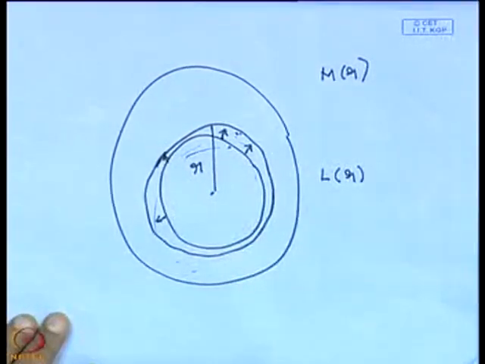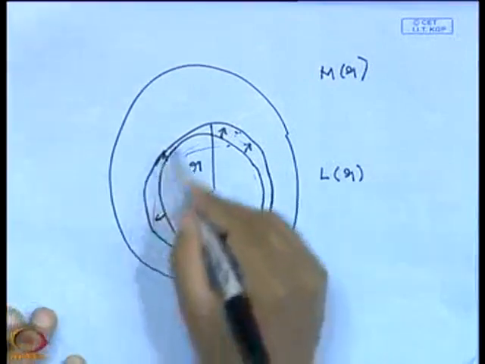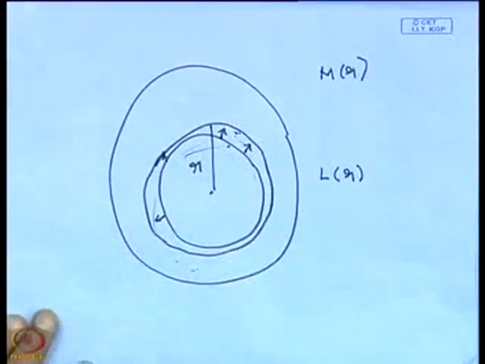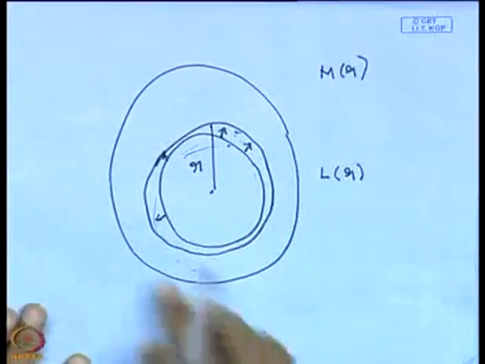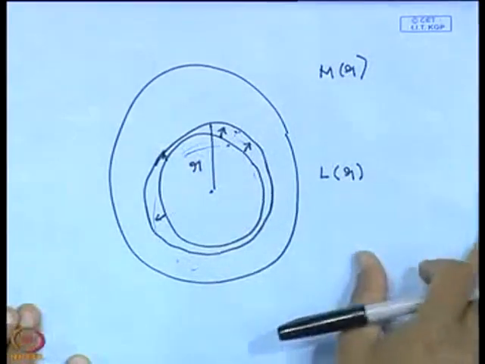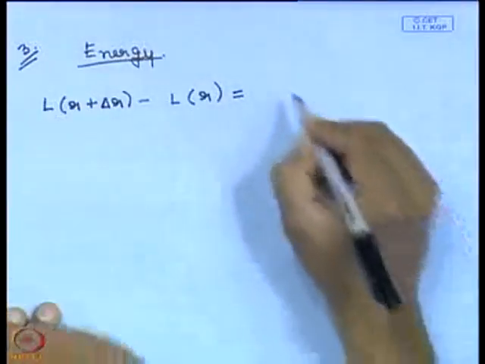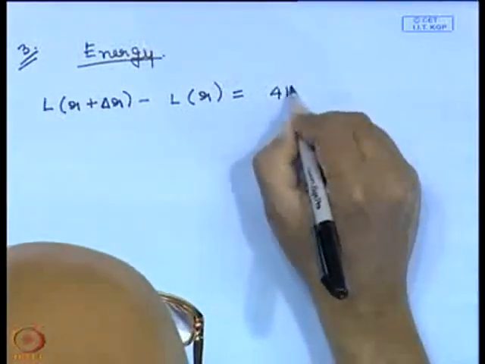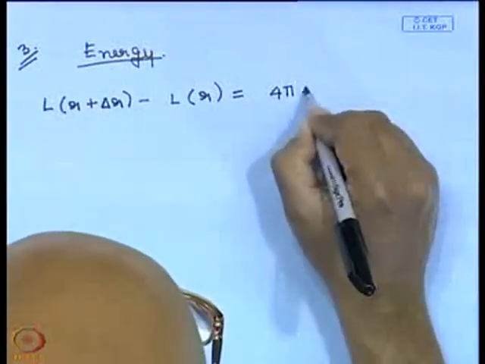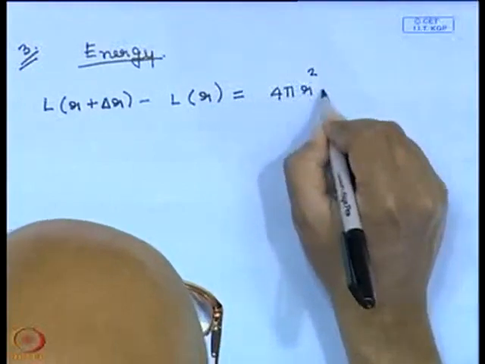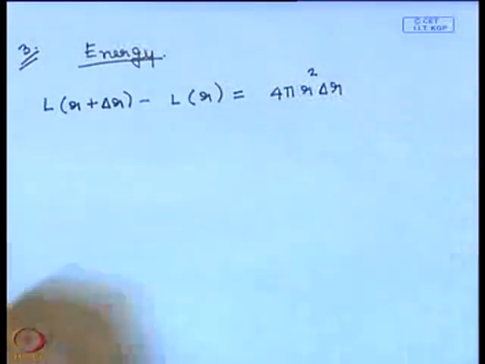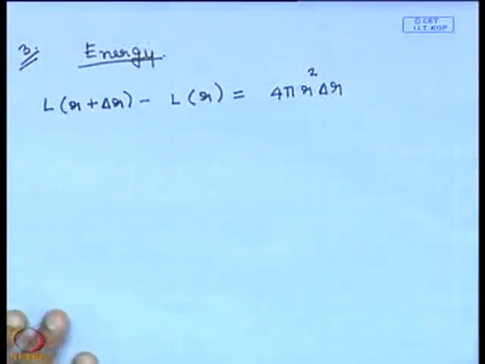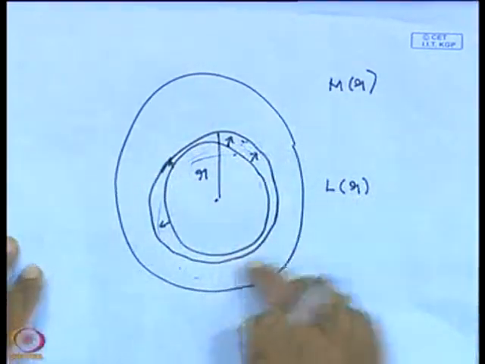Okay. And the energy that is generated in this shell we write as the volume of this shell. So, the volume of this shell is 4 pi r square into delta r, into the density that will give you the mass inside this shell.